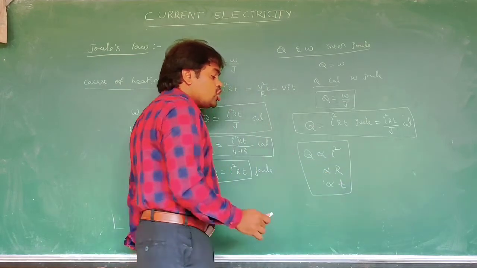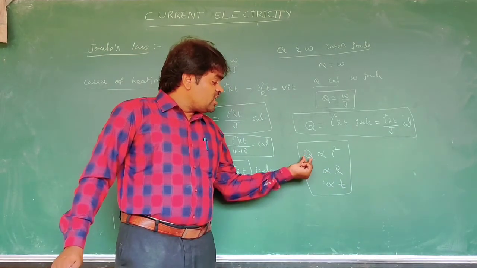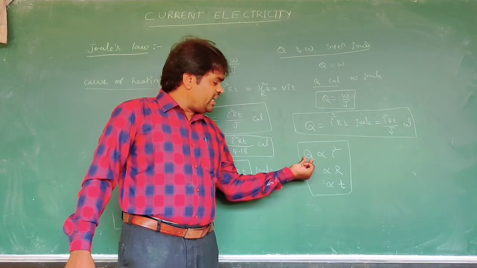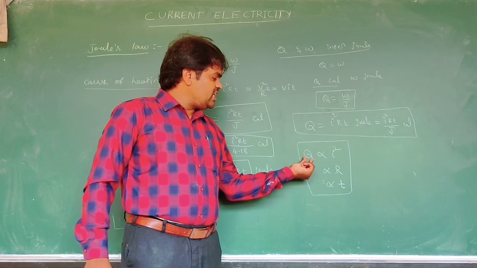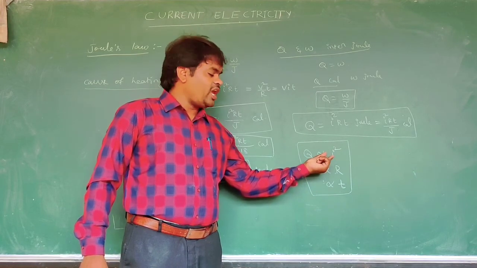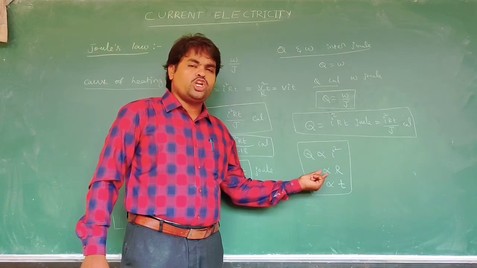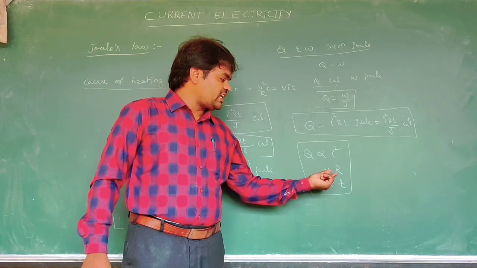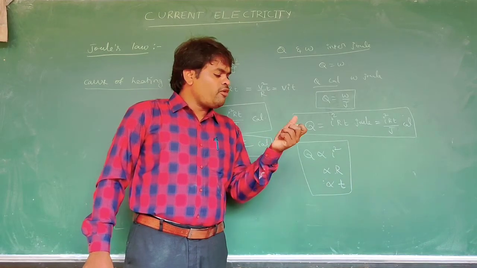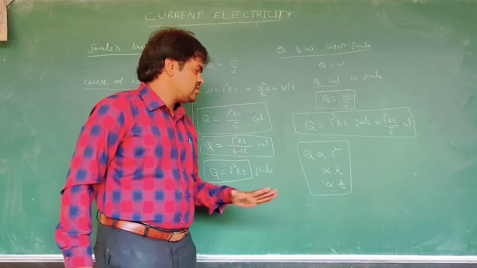This is Joule's statement. Once again, the heat produced in the current carrying conductor is directly proportional to the square of the current, proportional to the resistance of the conductor, and proportional to the time of flow of current.